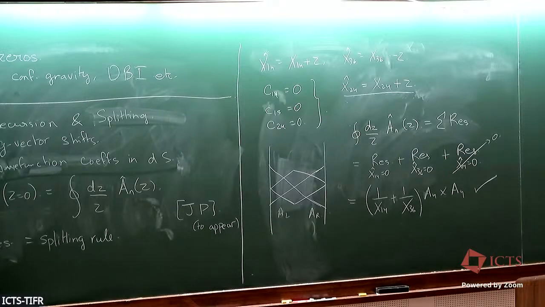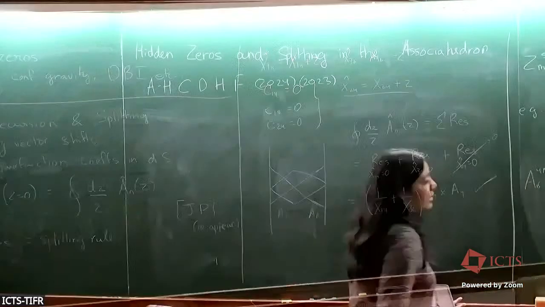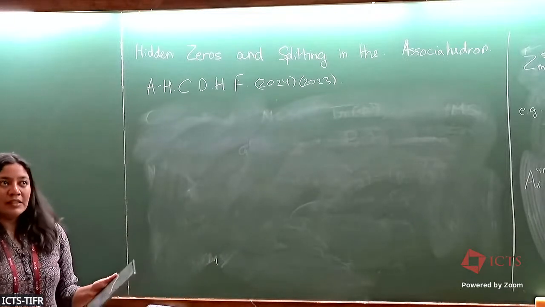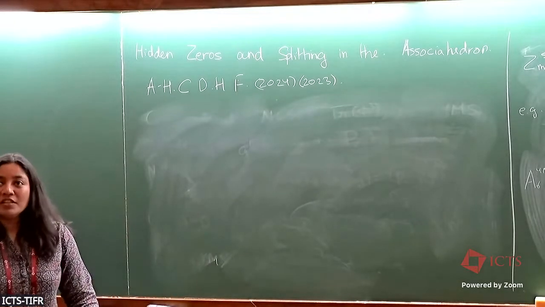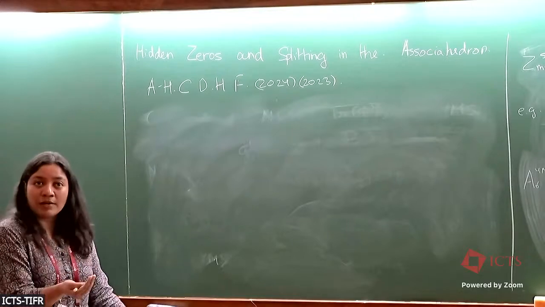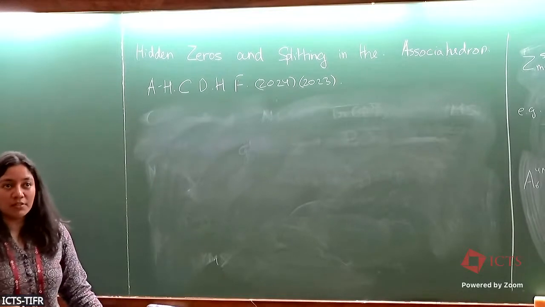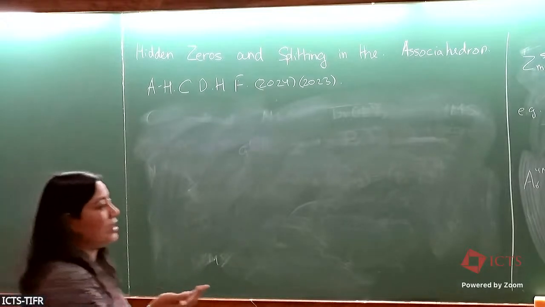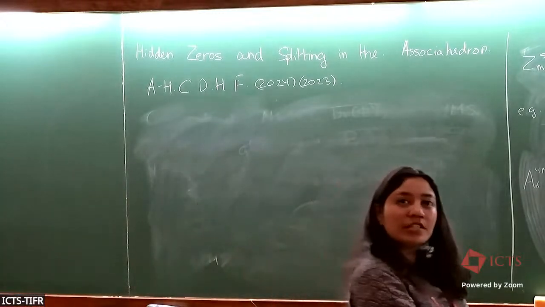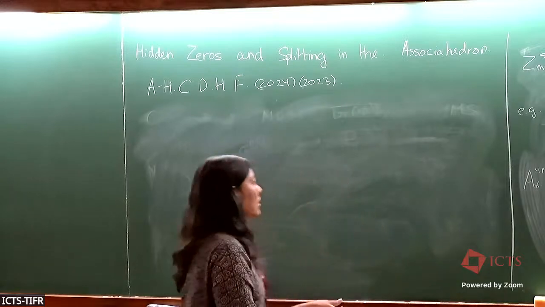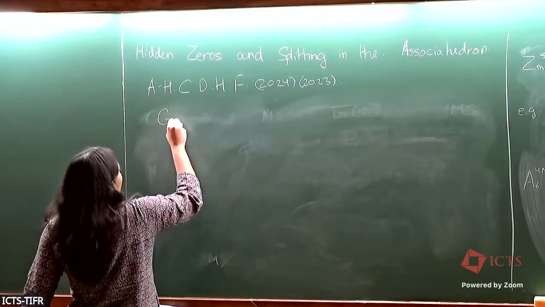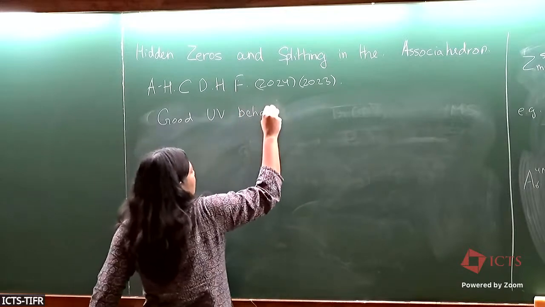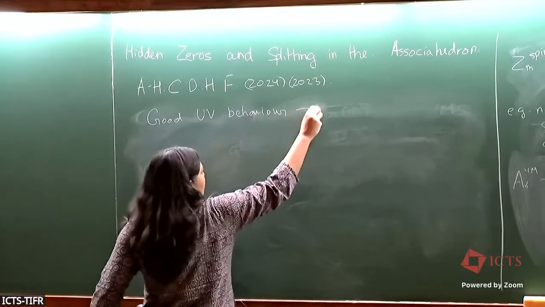There should be no residue at infinity. The integrand needs to fall off. So in other words, good UV behavior is something that you require of your amplitude in order to do residue theorems. So when I write down that residue theorem over there and say that it is giving me splitting near a zero, what I'm really saying is that good UV behavior implies splitting.